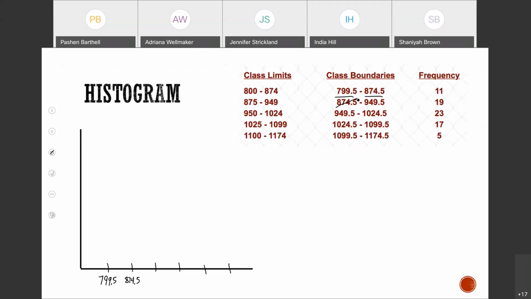All right, so I can move on to the next different number, which is 949.5. All right, and then 1024.5. 1099.5 and 1174.5.